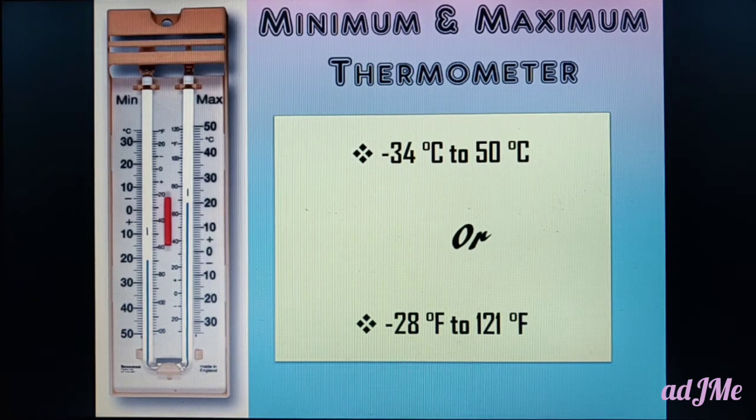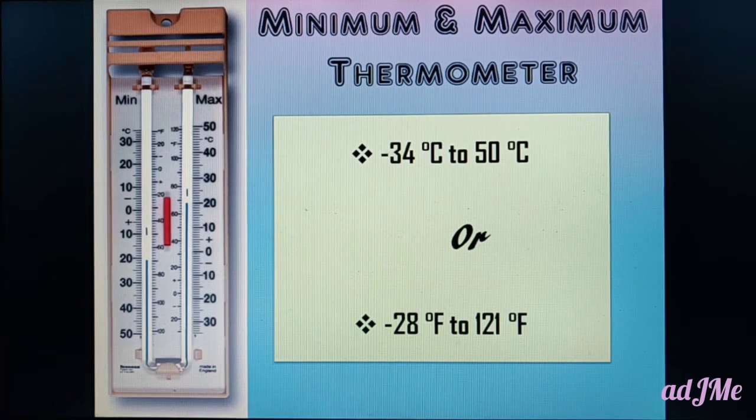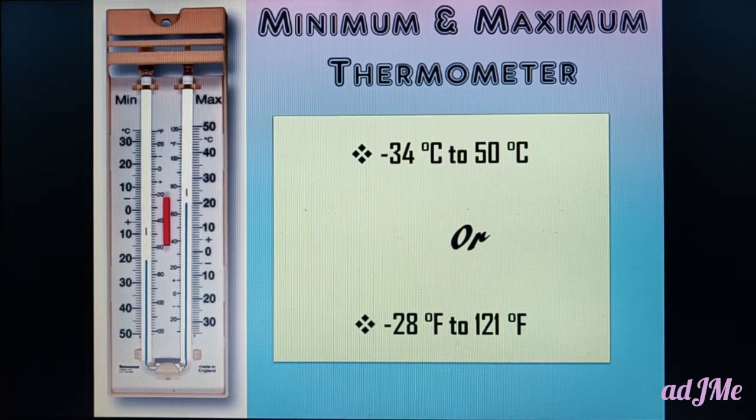Similarly for Fahrenheit, in this picture it starts at 10 and goes to 121, exactly 121, not 120. But as per the book, the thermometer will have minus 28 degrees Fahrenheit to 121 degrees Fahrenheit. And you come across one more thing in the picture, that is it will be upside down.